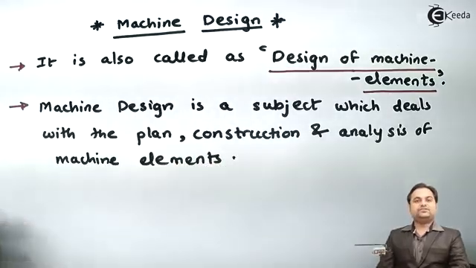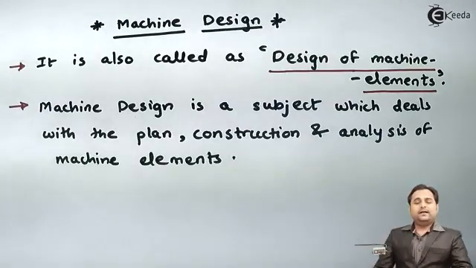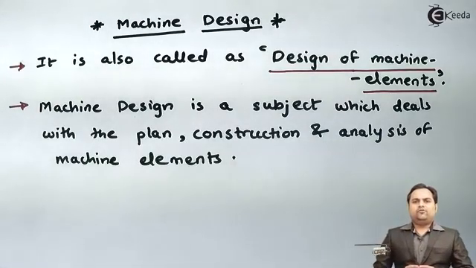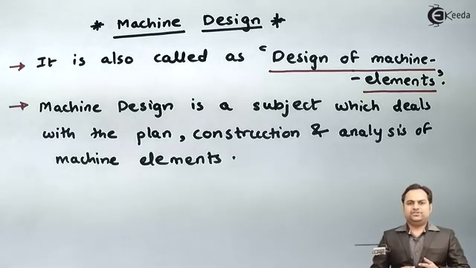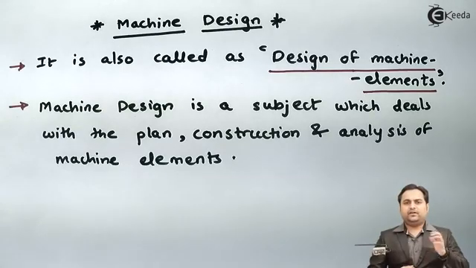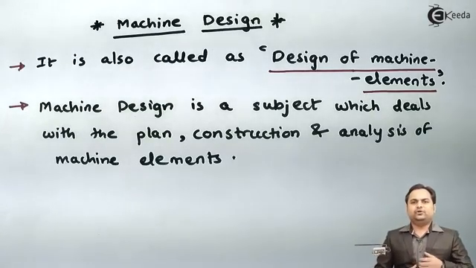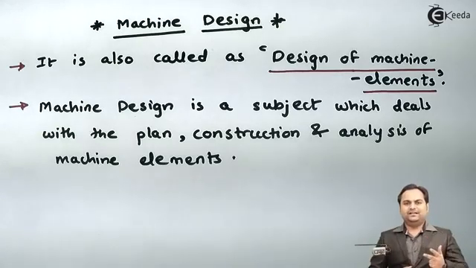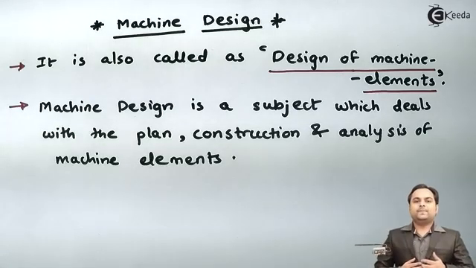So in this subject we would be planning how to manufacture or make a machine. After planning, we would be constructing that machine, and when it is constructed, we are going to analyze it. So machine design is a combination of planning, construction and analysis of machine elements.